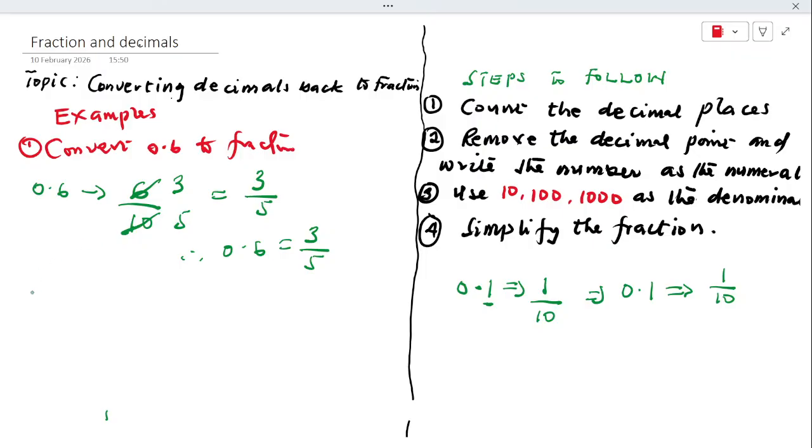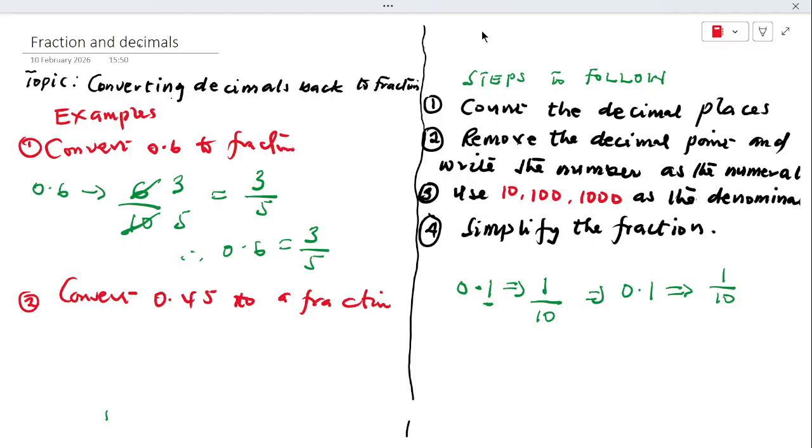Now let's look at our example number 2. You are to convert 0.45 to a fraction. All right.